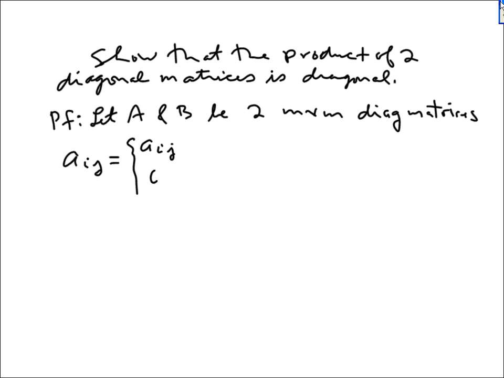But sometimes you know what Aij is. It's 0 every time i and j are different from one another. And you just get Aij if you're on the diagonal.